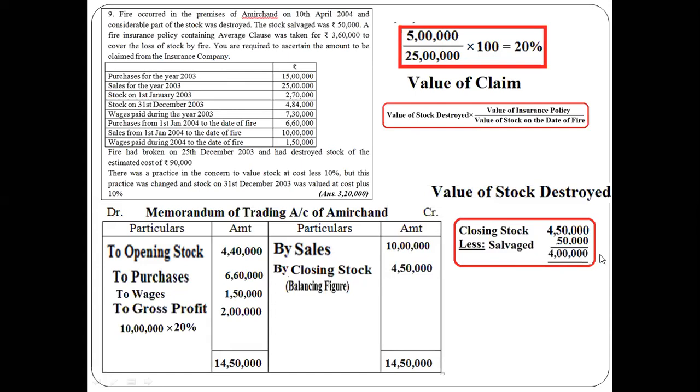The resultant figure comes to 4,00,000. What is this 4,00,000? That is the value of stock destroyed by fire. Then we know all the values: value of insurance policy is 3,60,000, value of closing stock 4,50,000, and value of stock destroyed is 4 lakhs. Apply the formula and get the answer.